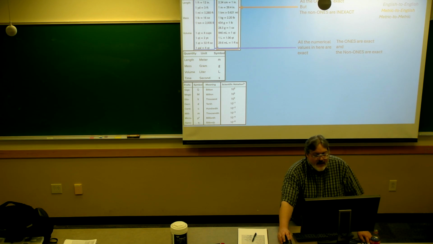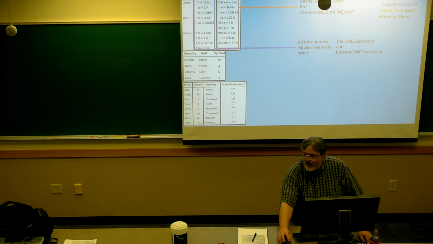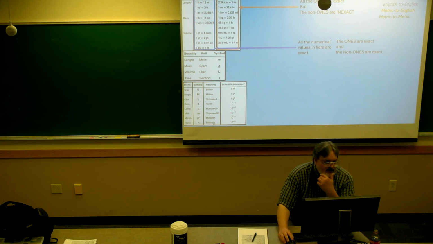But let's look at what we have up here. There's in some sense 3 different types of conversions you might want to make, unit conversions. But let's start with English to English. We don't really use these in chemistry and science very much, but this is like quarts, cups, gallons for volume. Length, you might use inches, feet, yards.